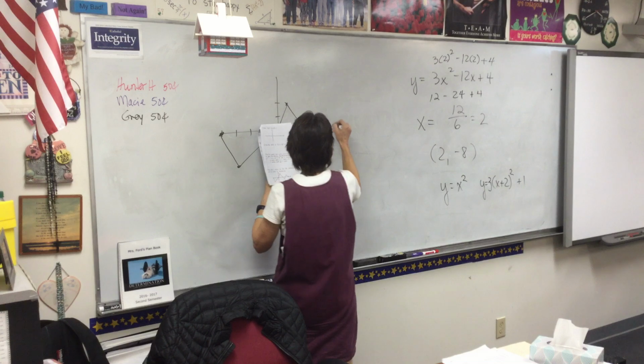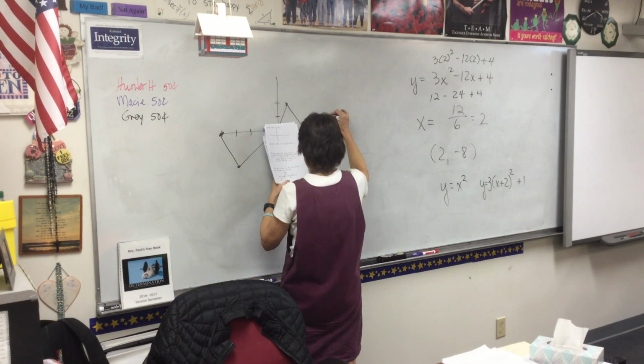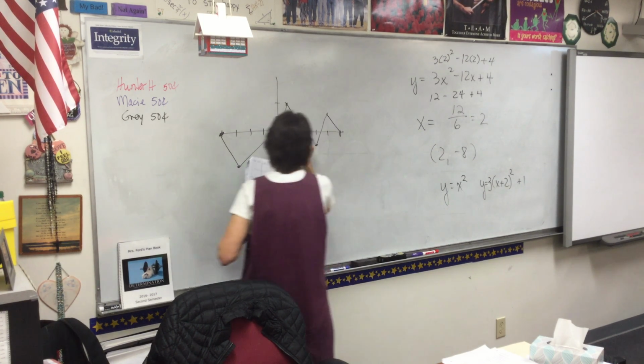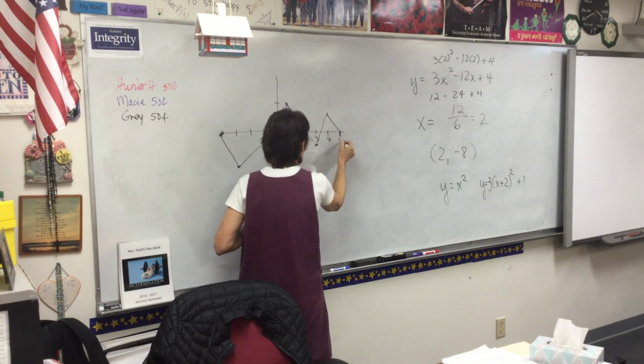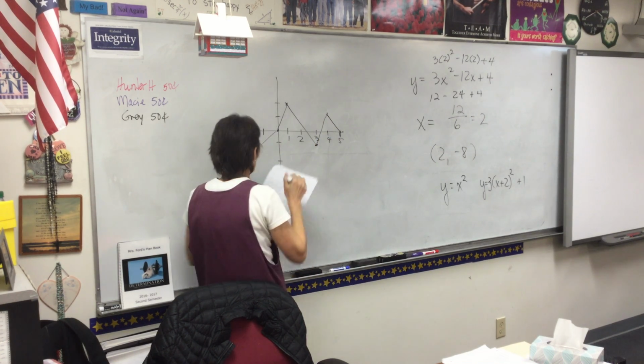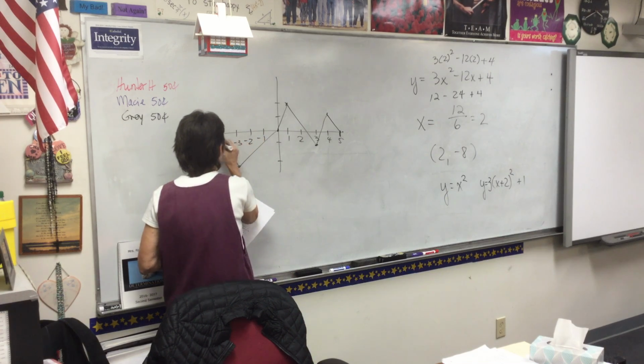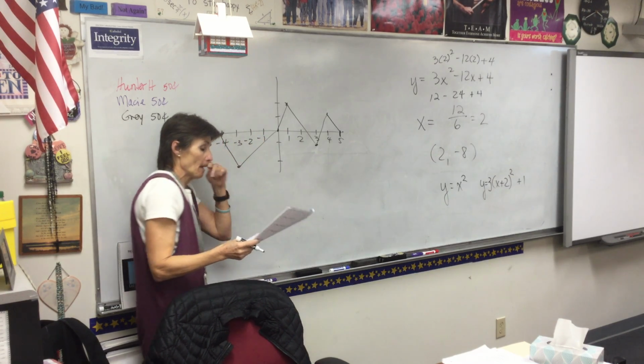Okay, here we go. It's 1, 2, 3, 4, 5, and negative 1, negative 2, negative 4. All right, so here we go.